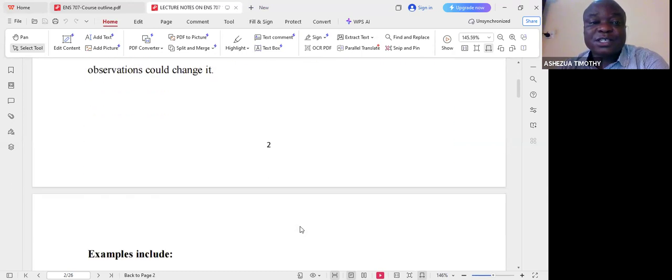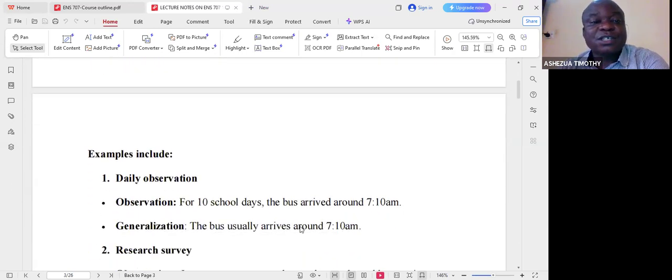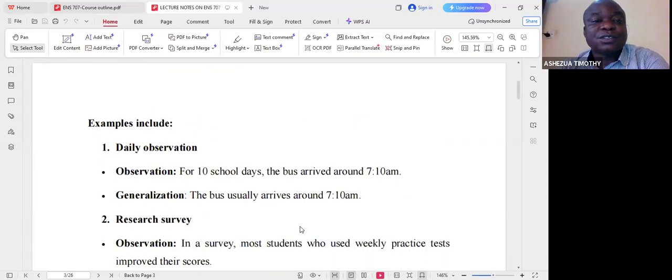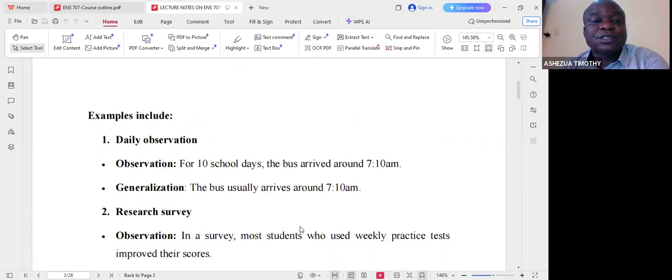An example quickly is a daily observation. One observation, you may say, for 10 school days, the bus arrived at 7:10 a.m. What is the generalization here? The bus usually arrives around 7:10 a.m. That's the generalization.